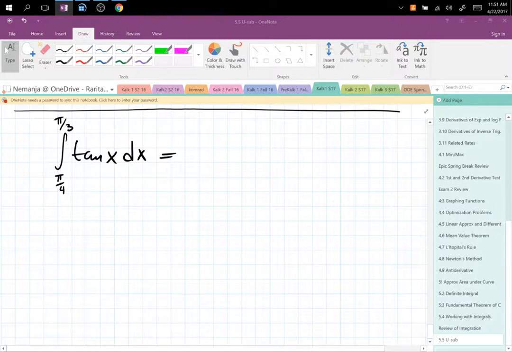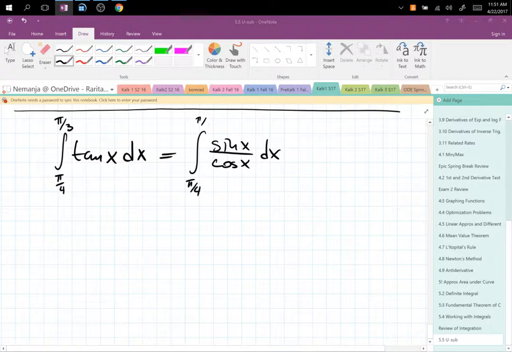So how do you integrate? What's the integral of tangent? That one. Very good. So you rewrite this as sine x over cosine x dx, and then you have to use u sub. You can't have du in the denominator.